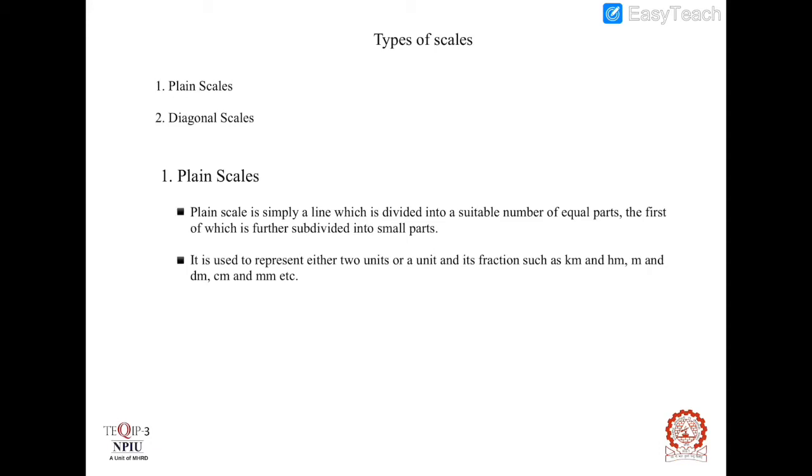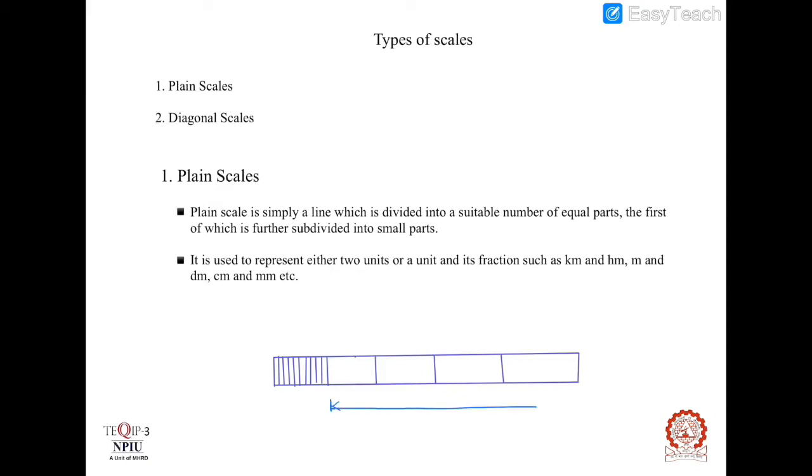Let's say this is a plane scale, each division of which here represents, suppose, 1 meter, and the first division is further subdivided into 10 equal parts. Means these divisions are representing 1 meter, and this is divided into 10 equal parts.